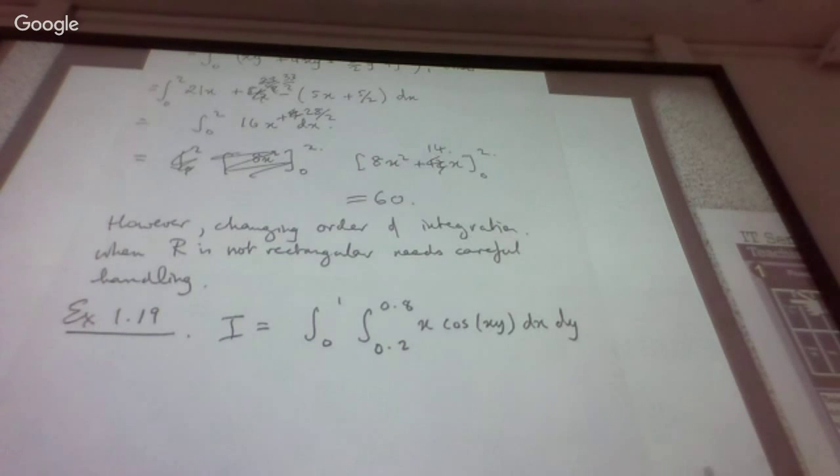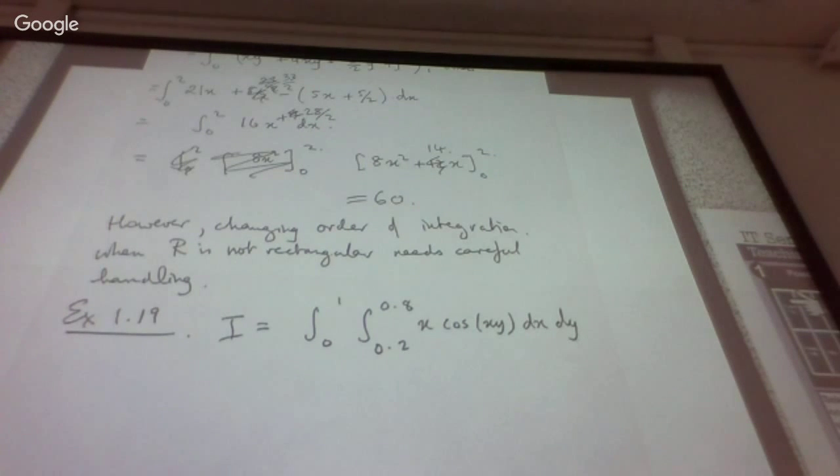We can recognize the region is rectangular because the 4 limits of integration are just constants. So x just varies between 2 constant values and y just varies between 2 constant values. That's describing a rectangular region. But if we were to perform the integral as described, the first integral we'd have to do would be integrating x times the cosine of x times y.